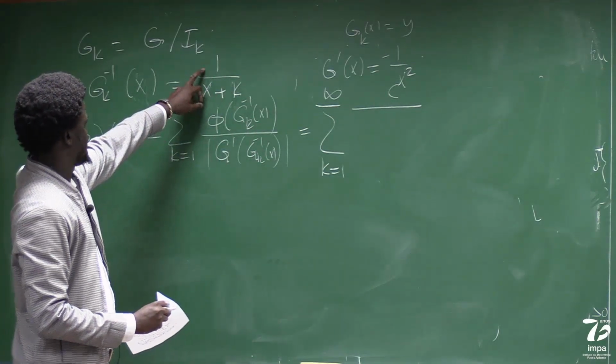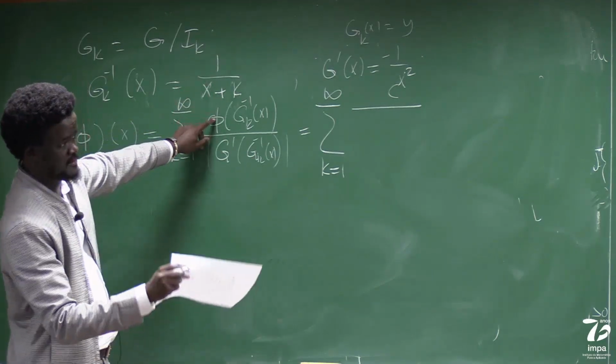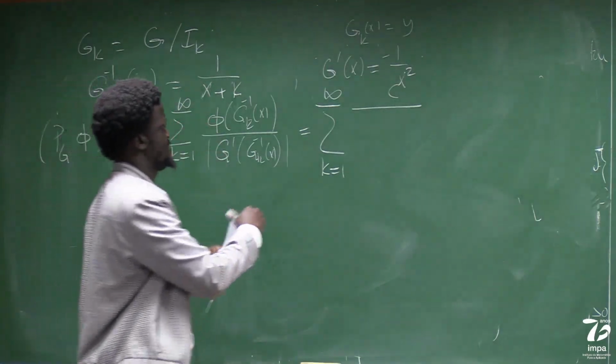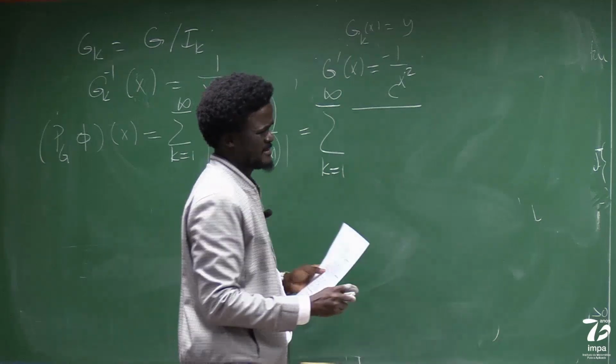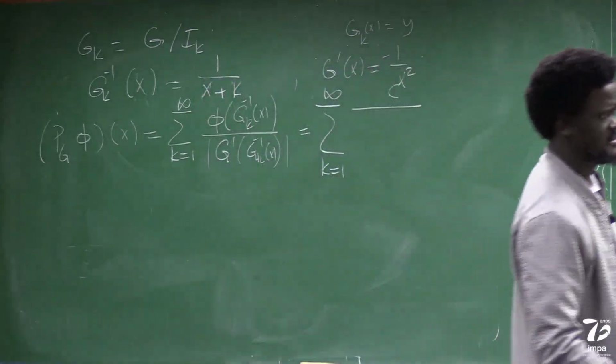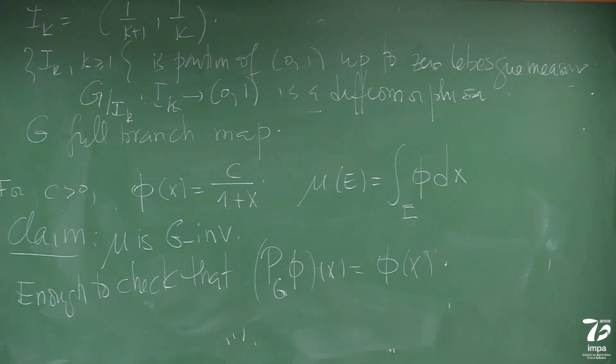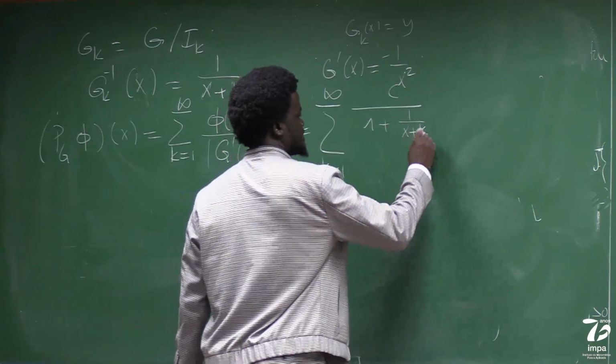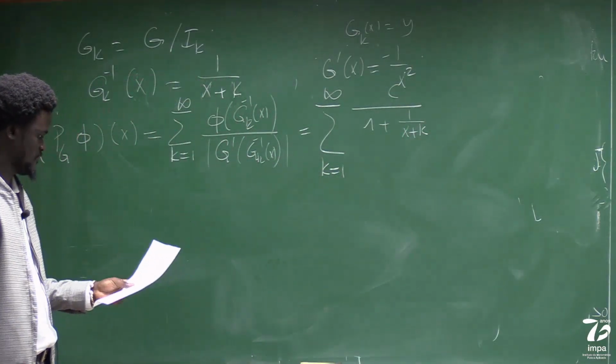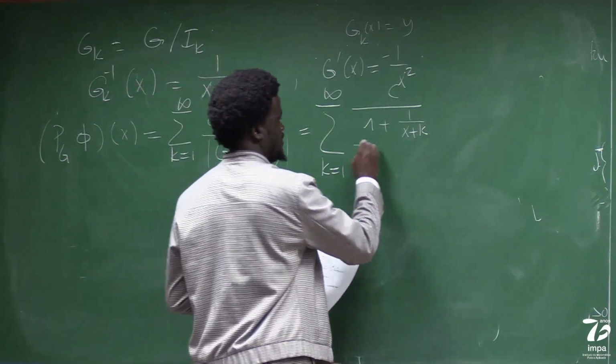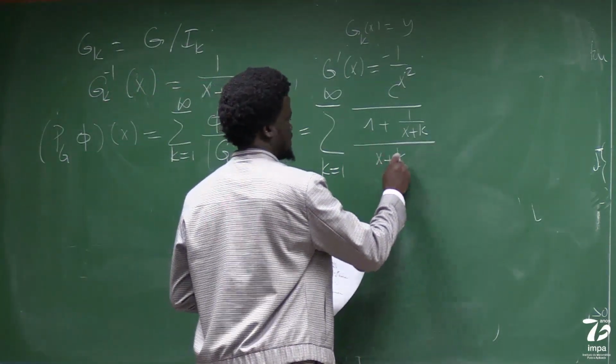And the function phi is given by C over 1 plus x, so C over 1 plus 1 over x plus k, over x plus k squared.